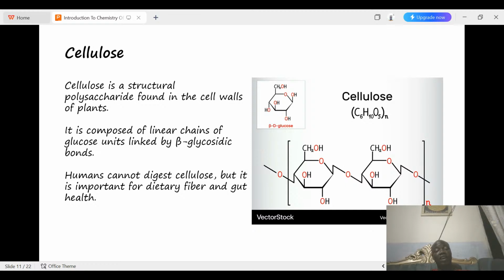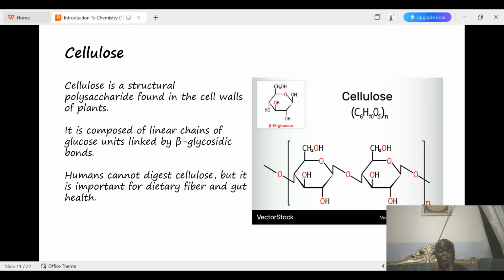We only have this kind of enzyme that can break down the beta glycosidic bond in some microorganisms. But what we have is the enzyme that can only degrade and digest the alpha 1,4 glycosidic bond, but it cannot degrade the beta 1,4 glycosidic bond. So that is the difference.